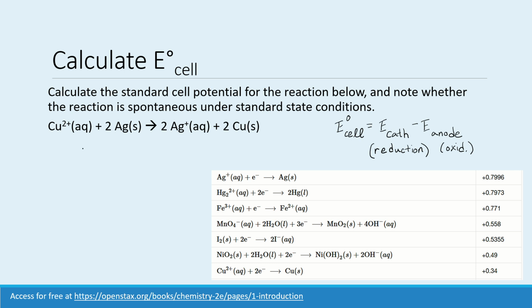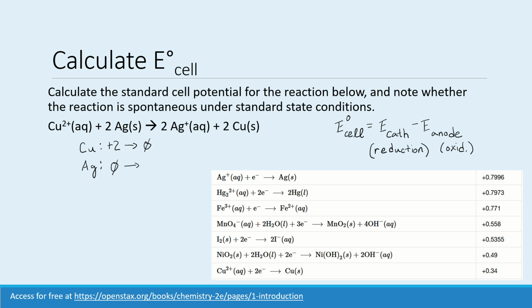And so let's again look at those oxidation numbers on the reactant side and the product side. We've got copper and silver. So copper is starting out as an ion with a +2 charge and going to copper as a solid with an oxidation number of 0, and silver is doing the opposite.